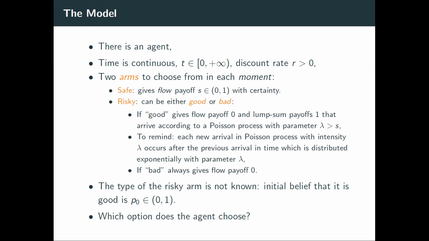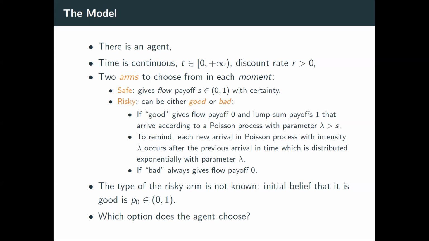So the time of the first arrival is exponentially distributed with parameter exactly the same lambda as we had for the Poisson process. Then after the first arrival, the second arrival is distributed in the very same way, exponential with parameter lambda, and so on. It's another property of the Poisson process, and I believe it's easier to understand when you specify the density in terms of the time of the next arrival.